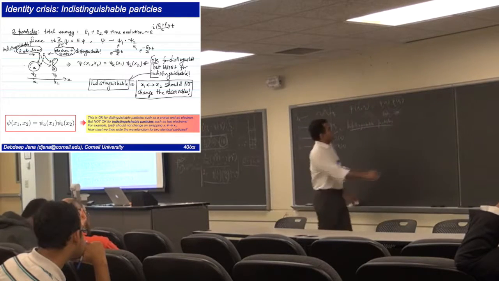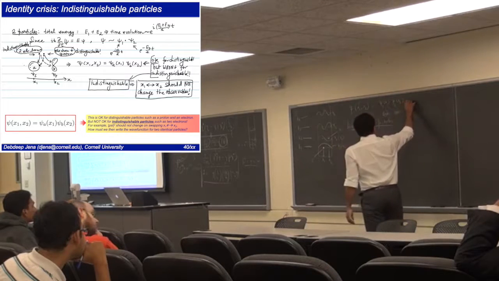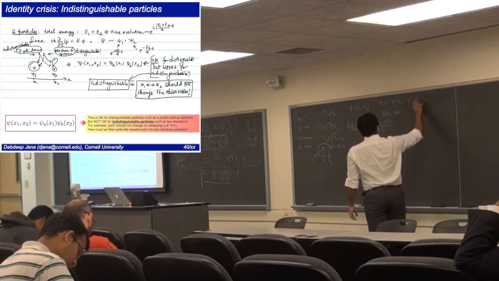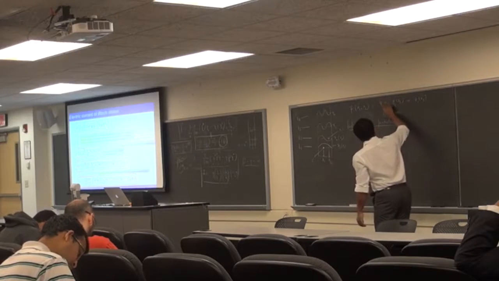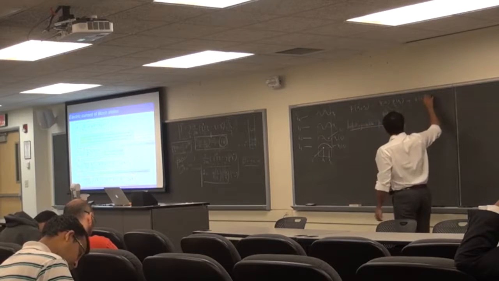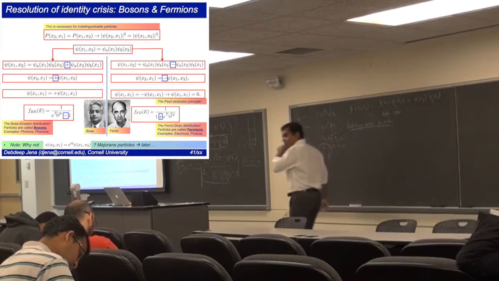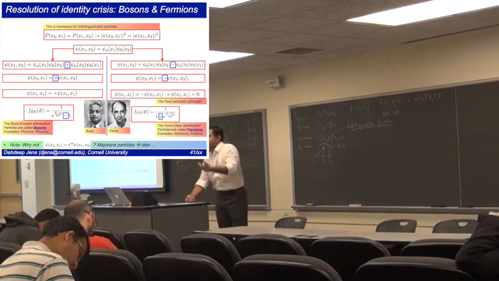And the first way you try is, you can write it by basically flipping them and writing psi 1 of x2, basically flipping it again, and psi 2 of x1. I write the sum of the two. You try this first, right?